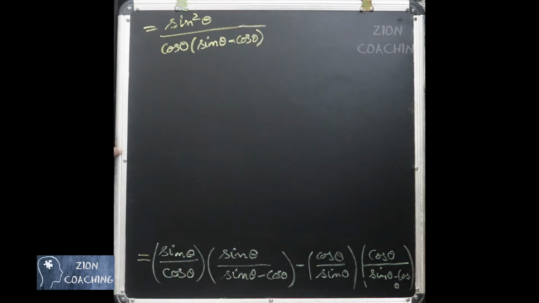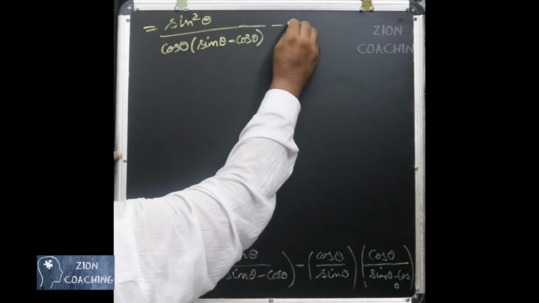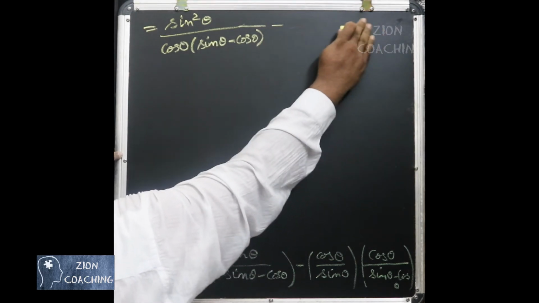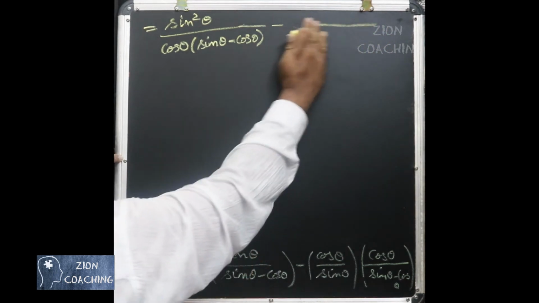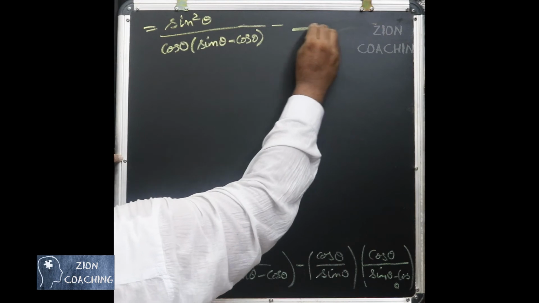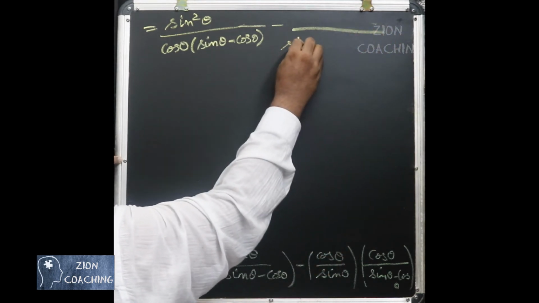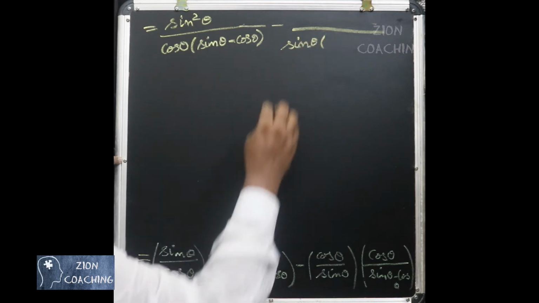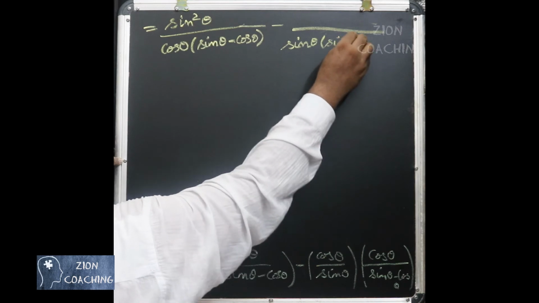Then the next one, we have the denominator, let me write it a little below, sin theta into sin theta minus cos theta.